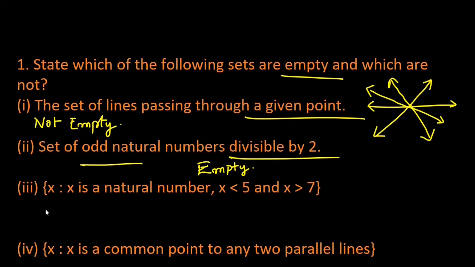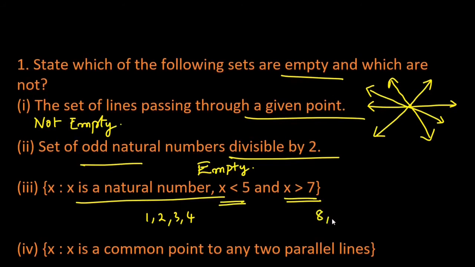Third one, the set of all x such that x is a natural number, x is less than 5 and x is greater than 7. X should be less than 5. That means maybe 1, 2, 3, 4 natural numbers. So 1, 2, 3, 4 are less than 5. X should be greater than 7.